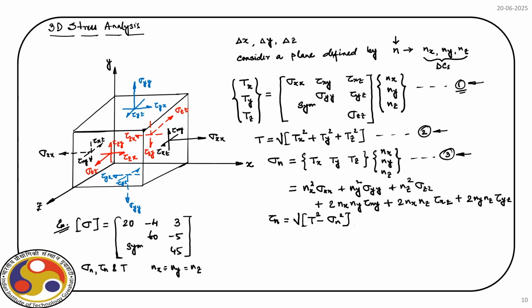Now, recall we also discussed a property of direction cosine which is nx square plus ny square plus nz square is equal to 1. So, that means, the direction cosine in this is 1 by square root of 3. It is plus minus, for the time being let us consider plus only.